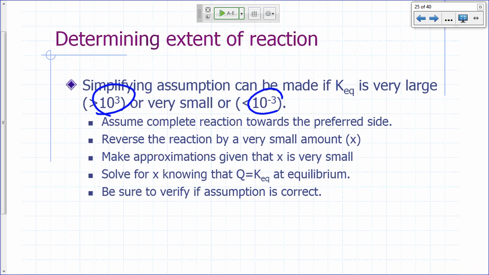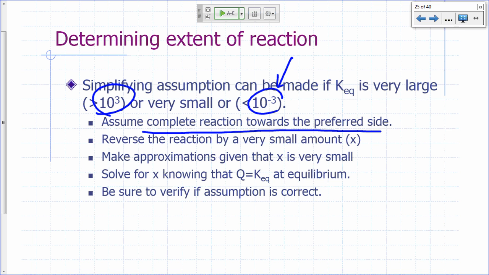Shift it all the way to the product side. What happens if KEQ is very small? Then reactants are favored at equilibrium, right? So remember, a large KEQ favors the product, a very small KEQ favors reactants, okay? So you can assume you have complete reaction towards the preferred side, the product side or the reactant side, depending on whether your KEQ is very large or very small.